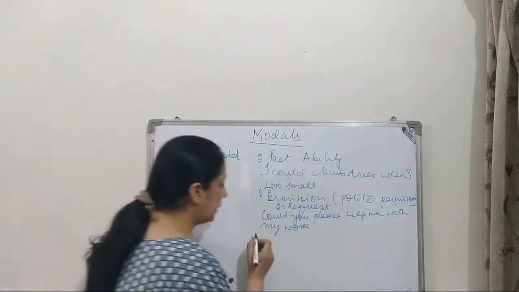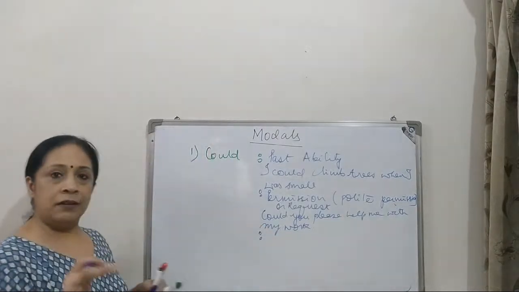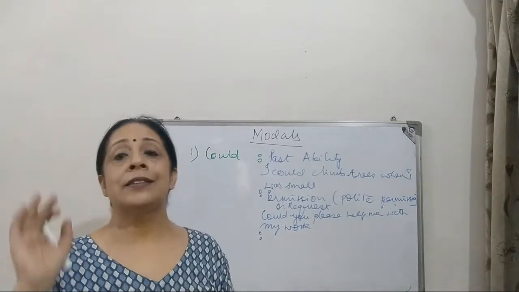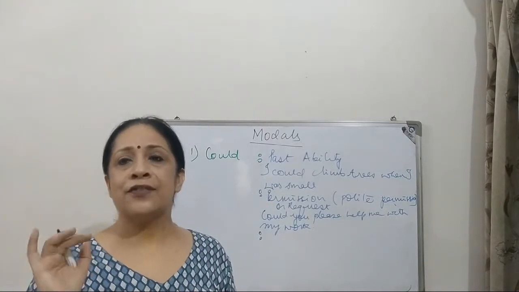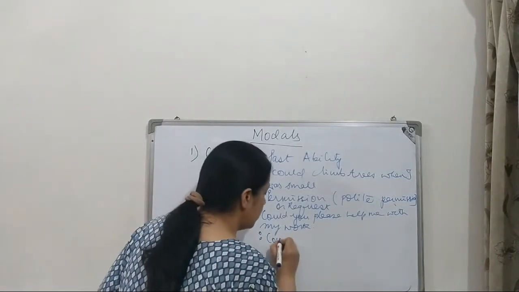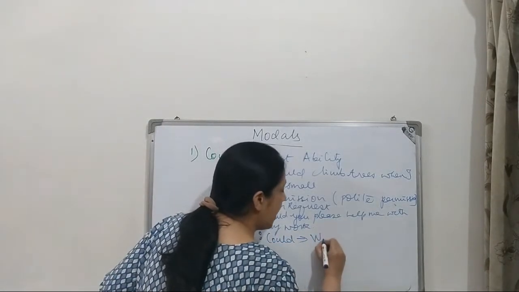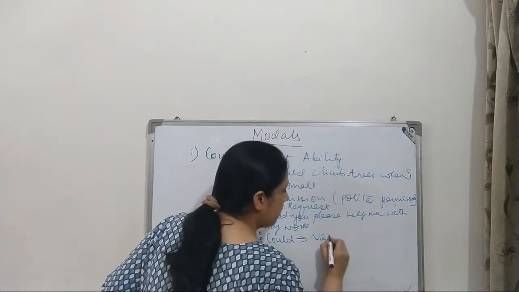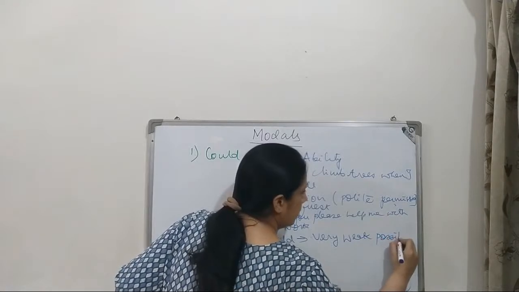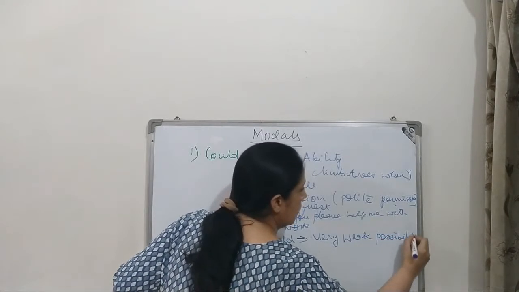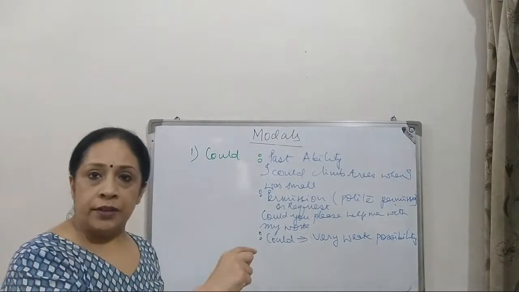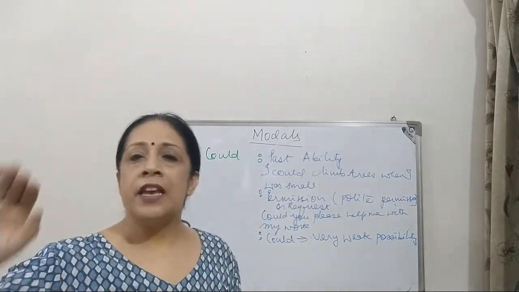Alright, then number third, same like can, possibility again is here, but we have already done this, that here could is for very weak possibility. We will go to others also. We have may and might also for possibility, but could shows very weak possibility.